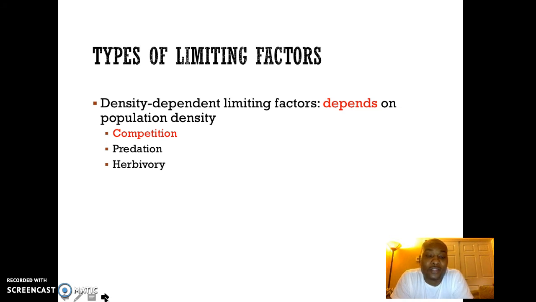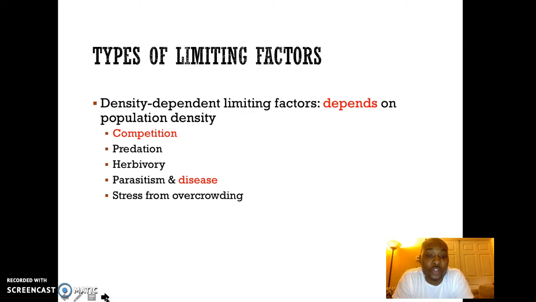That's going to affect the number of plants, let's say, in an area. And then parasitism and disease would also be density dependent limiting factors.